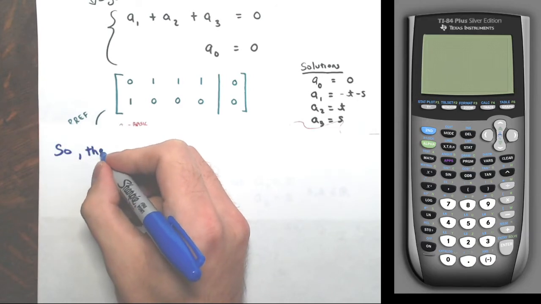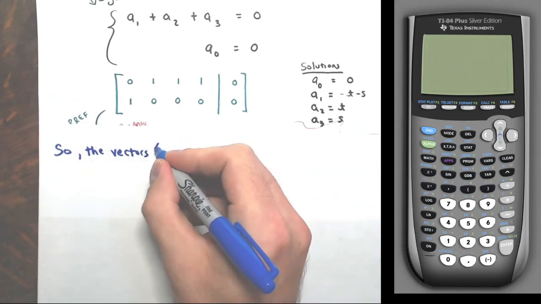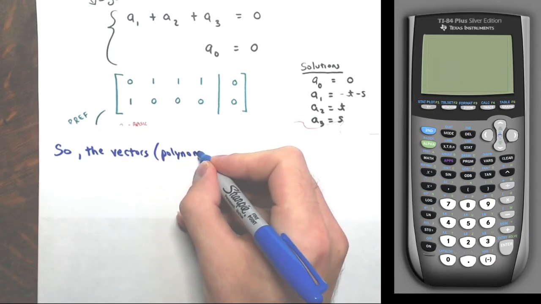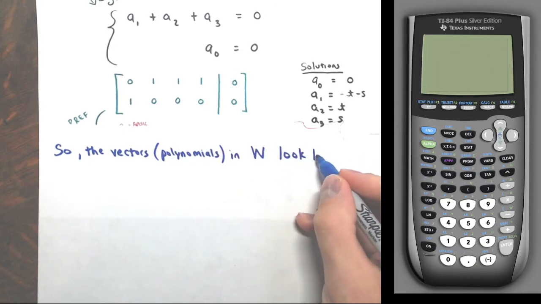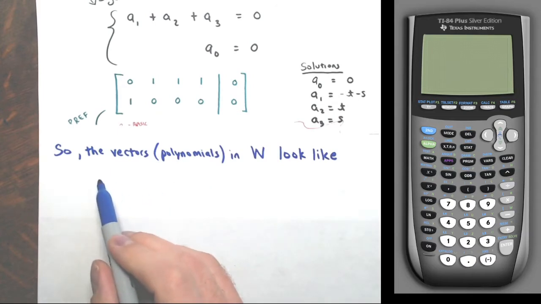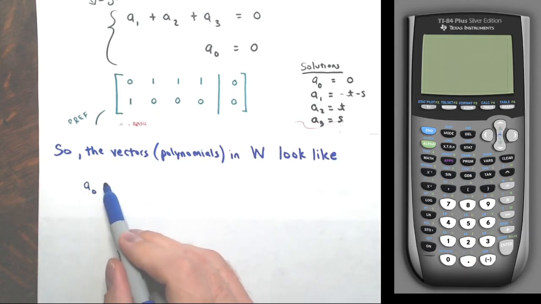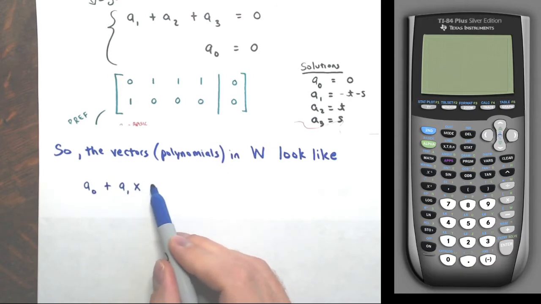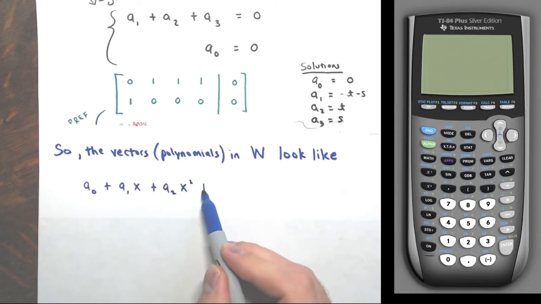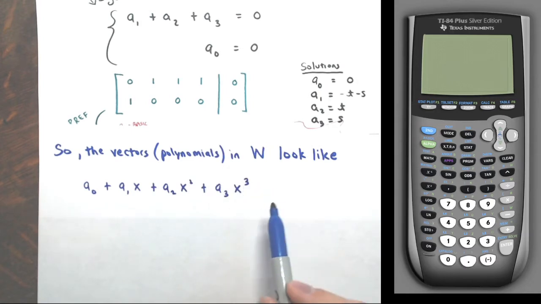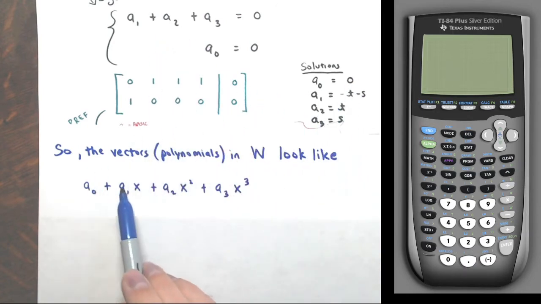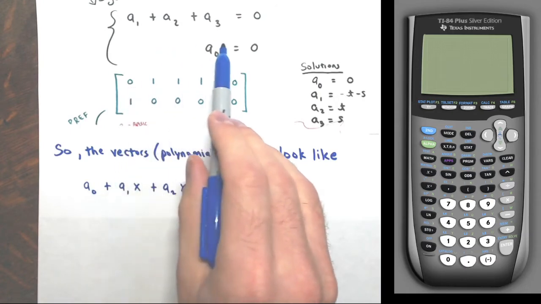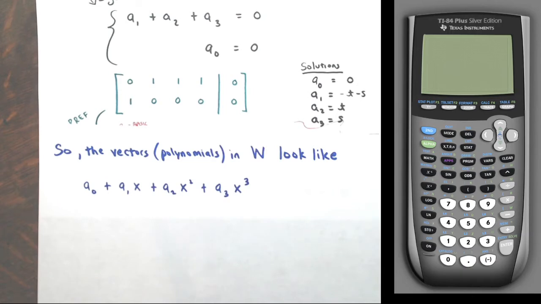The vectors, the polynomials in W, look like the following: a0 plus a1 times x plus a2 times x squared plus a3 times x cubed, but a0, a1, a2, and a3 have to satisfy the system that we wrote in order to satisfy the conditions and be inside set W.